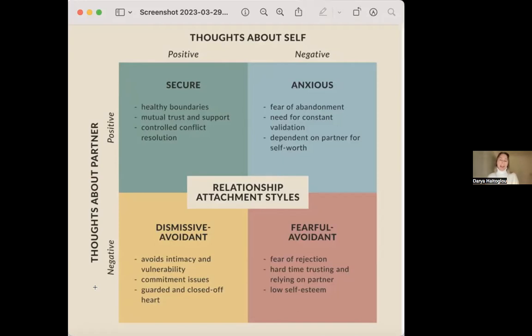Now, if you look at the anxious attachment style, there's a negative thought about the self versus a very positive thought about the partner. It's almost like they put the partner on a pedestal. Codependence becomes such a prevalent, important part of life, and that person almost cannot survive without somebody who can regulate, soothe and provide solutions for them.